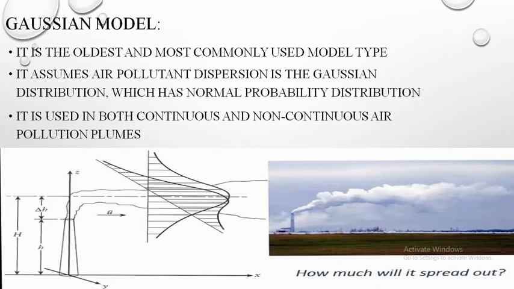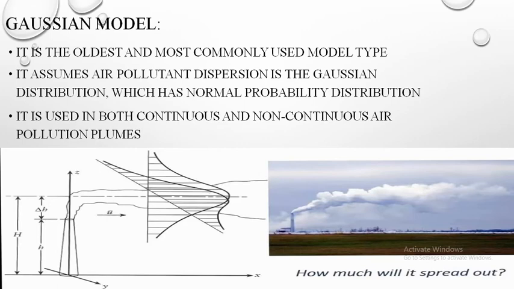Plume rise is calculated from the imaginary center line of the plume. Refer to this figure, the dotted line, the center line. Plume rise depends on the stack physical characteristics and on the pollutant or effluent characteristics.